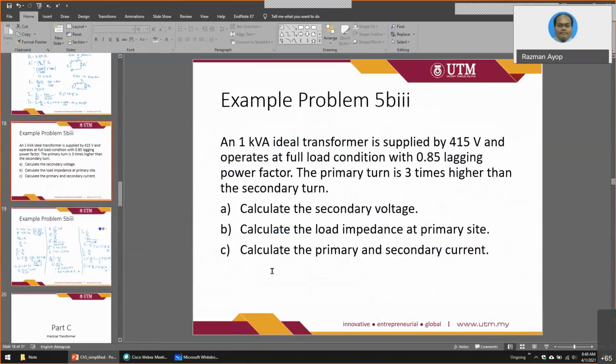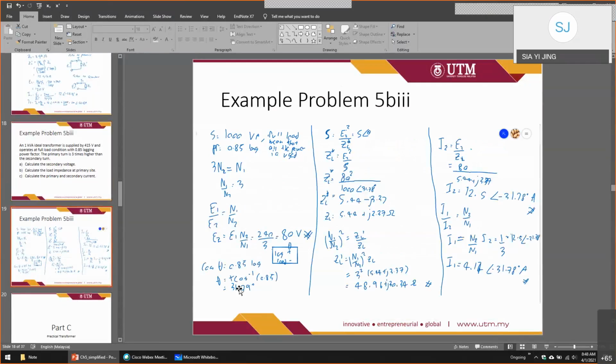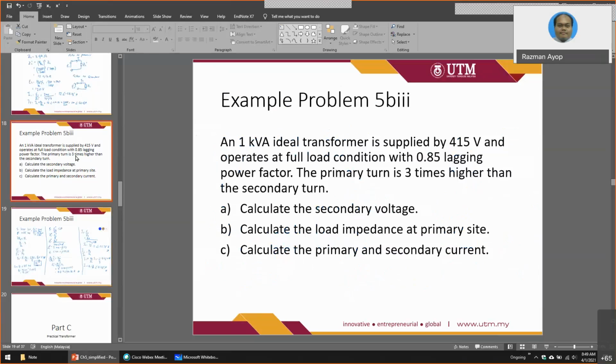Doctor, the question is 415, but the answer sheet is 240 for the voltage. But the question is 415. Oh.